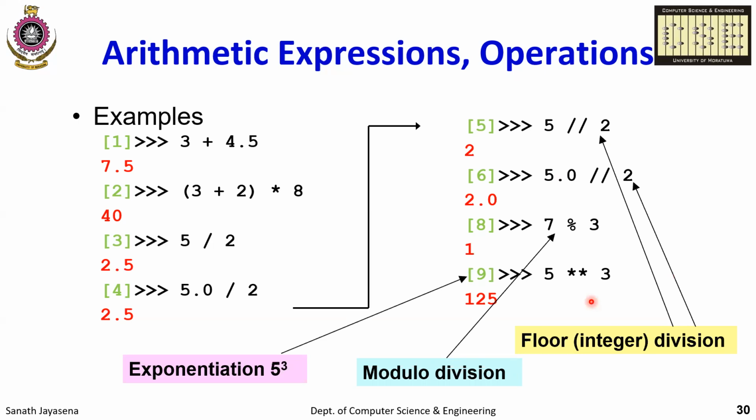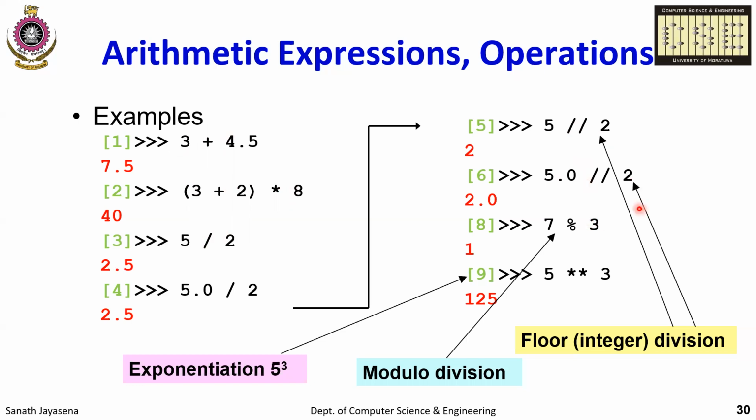So any of these things is an expression. An expression means it has to be evaluated with some operations, depending on the operands that you use. So here there's a plus for the summation operation, the addition operator, this is the multiplication operator, this is the division operator, and this is the integer division operator, and so forth.